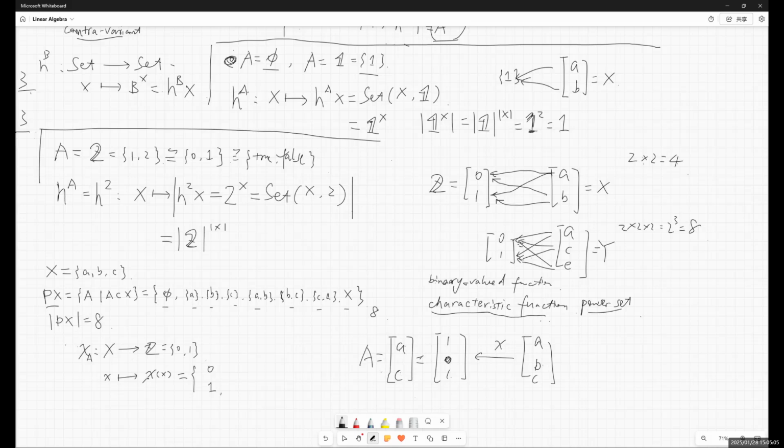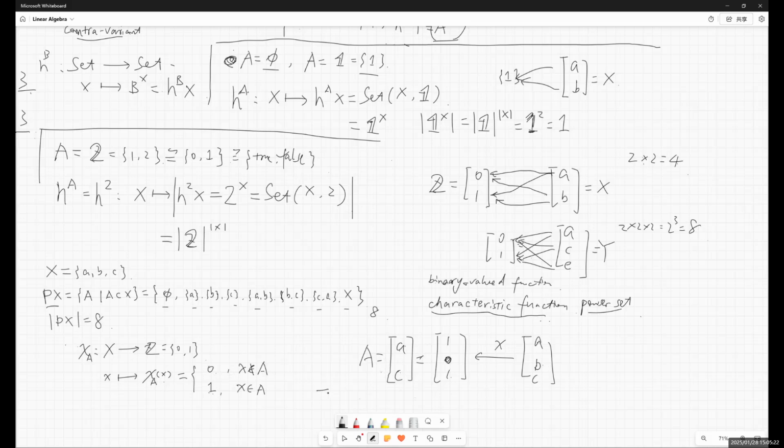Denoted A, you can see that if X is not in the subset A, it is 0. If X is in the subset A, it is 1.